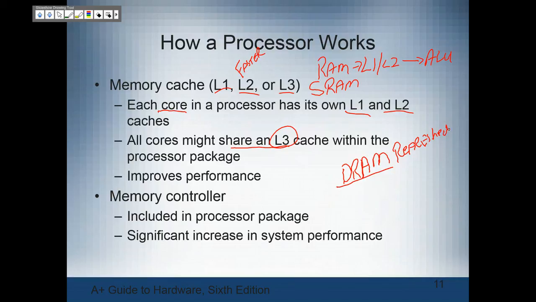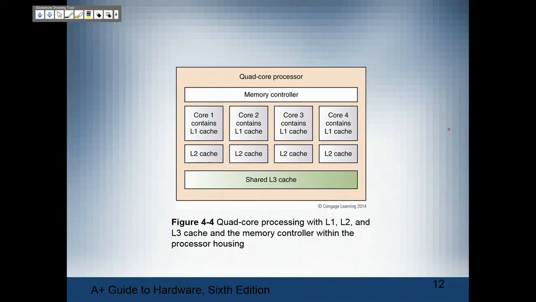SRAM doesn't have to be refreshed. As long as there's power on the system, it's okay. DRAM, the memory that we go out to, the 96 gig that we have or whatever else, has to be refreshed on a regular basis. So we go from DRAM to SRAM, and the SRAM is going to be much faster than the DRAM.